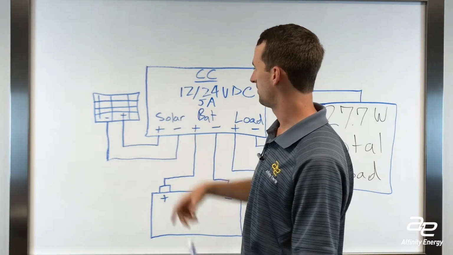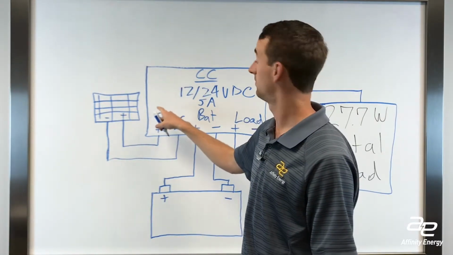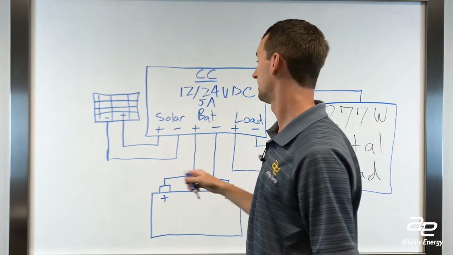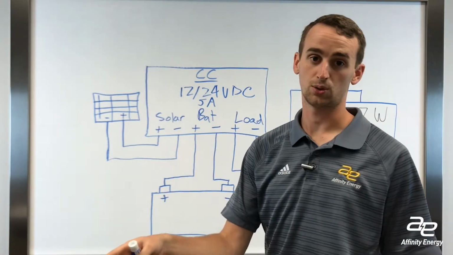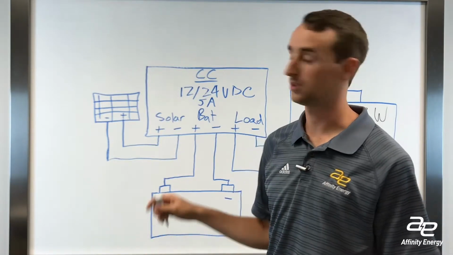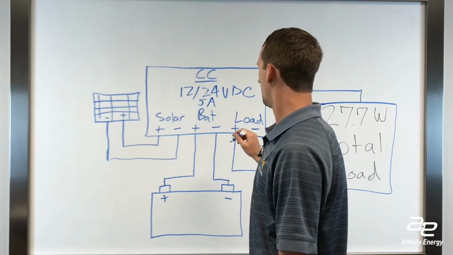So the charge is going to come in, and the charge controller will have a rated voltage input range and a current input, and the electrical parameters from your panel will need to fit within those parameters.